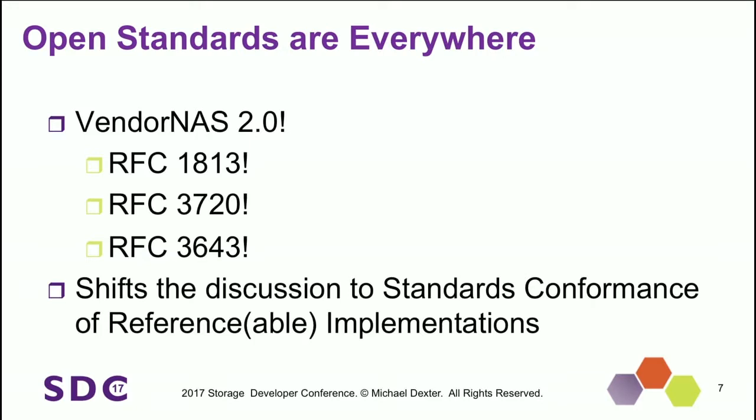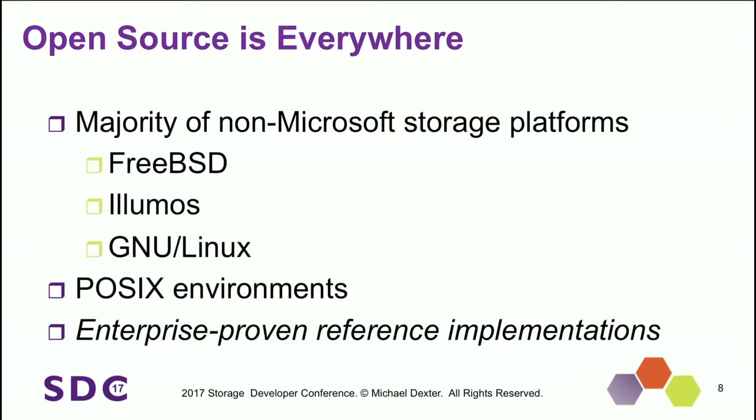Now, in stepping back and looking at what is an open implementation and delivered in a product as opposed to a feature off a feature list developed by marketing and implemented by engineering, it shifts the discussion to standards conformance for each of those protocols, and hopefully reference and referenceable implementations, so that when we look at a certain RFC for NFS, if that is based on an open source piece of code, as the industry will demonstrate, a great many vendors will use the same code, and I'll get into some examples of that. Specifically, the non-Microsoft operating systems that dominate storage are FreeBSD, Illumos, and GNU Linux.